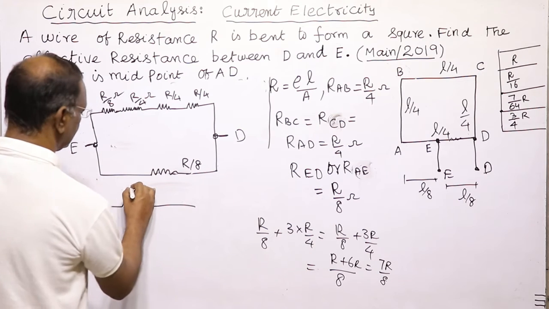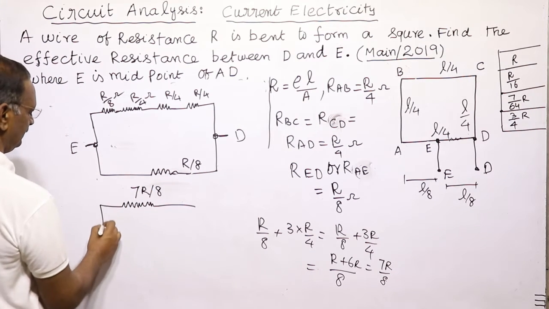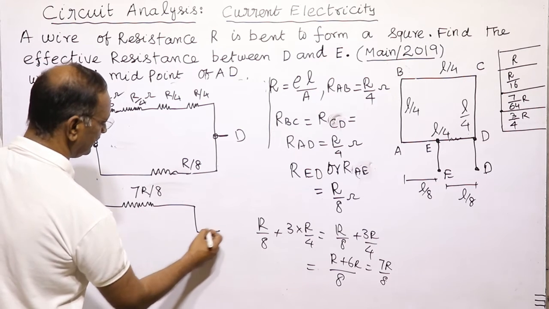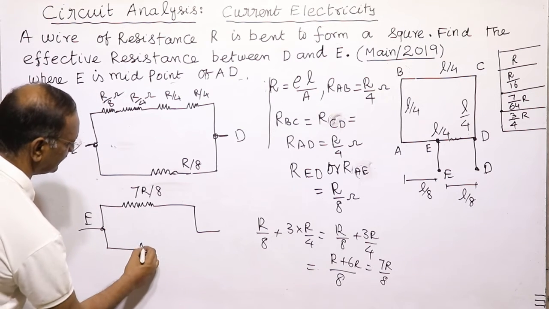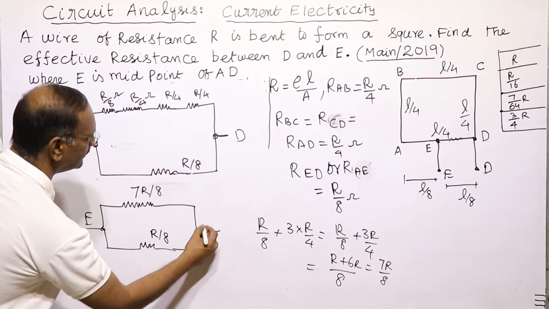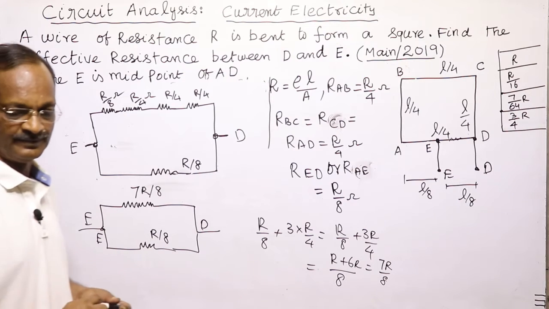So this equivalent is 7R divided by 8. Between E and D, one more resistor, that is R by 8. This is point D, this is point E. Now it is simplified.